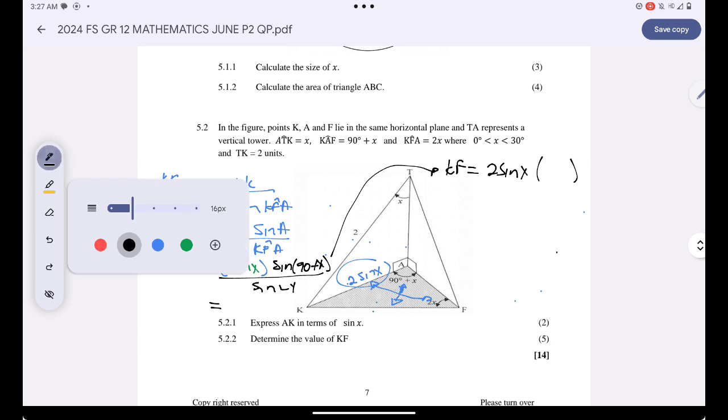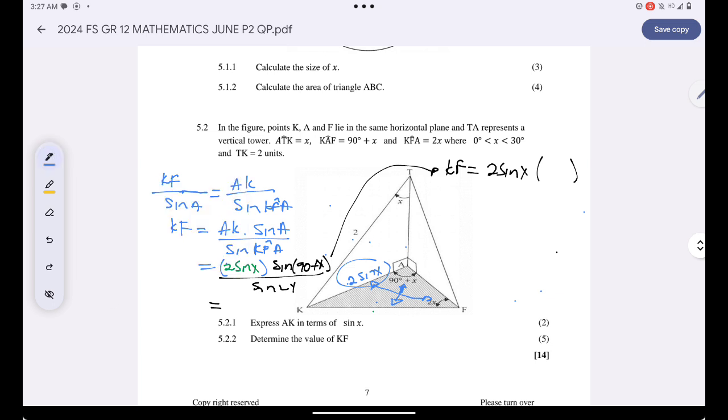Here this can be written as cos x, because whenever I see 90 plus, I can just place cos x there, né? And here I still have sine of 2x.